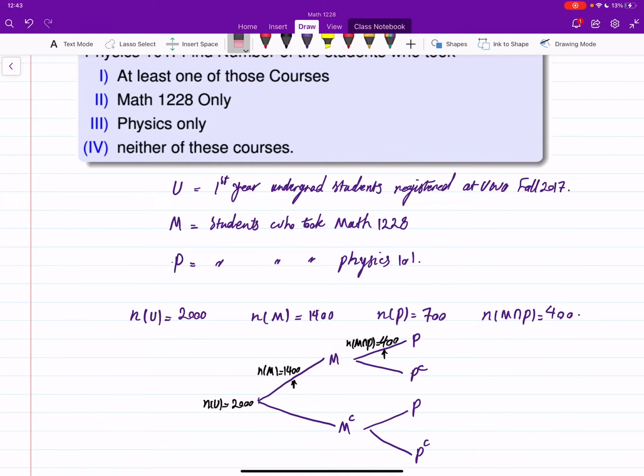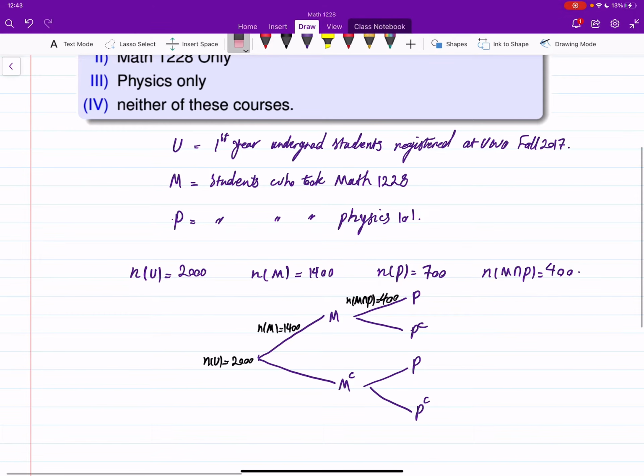Okay, so let me just clean up a little bit. How about N of P? Well, P is not in the first level. In the second level, there are two of them. And since there is no intersection, we will take all the paths ending at P. So let me use a different color here so that it clarifies for later use. These two together will give me N of P, the number of students who took physics, which is 700.